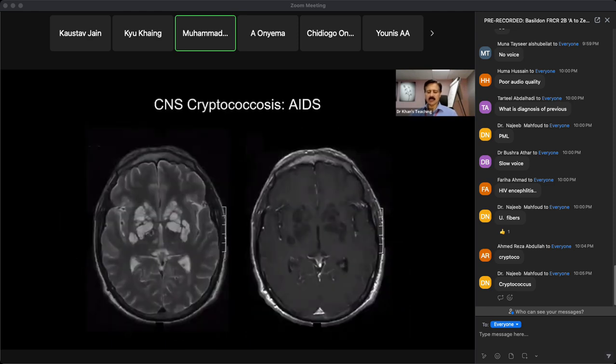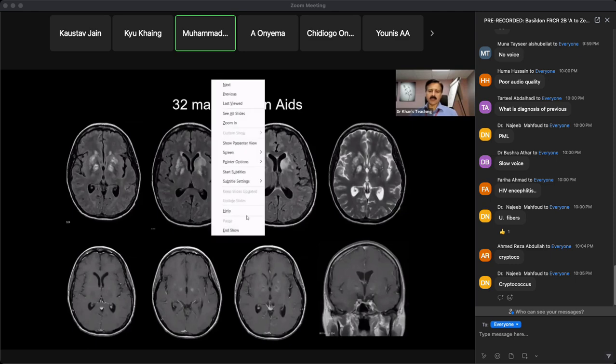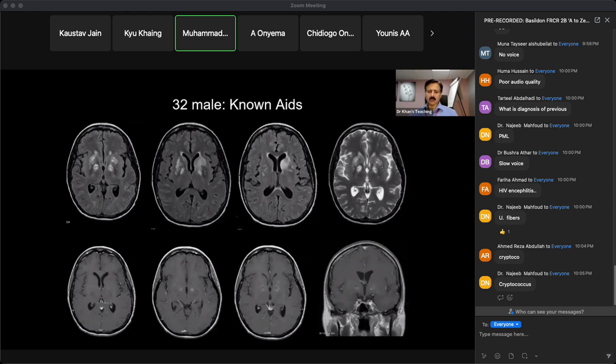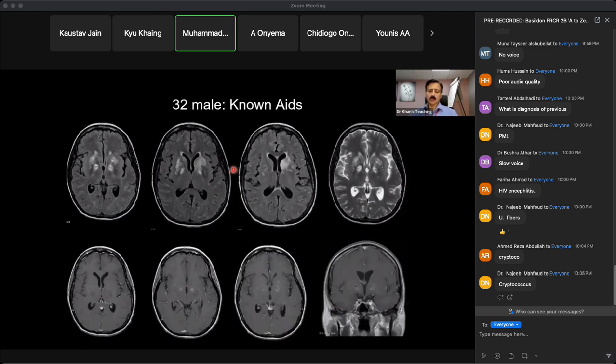What happens is that Cryptococcus produces mucoid material, and it goes through the lenticulostriate arteries into the perivascular spaces.